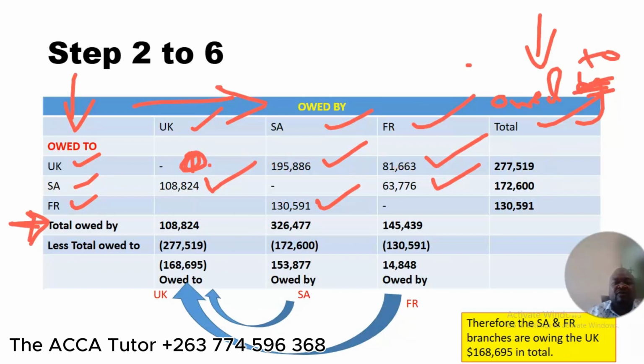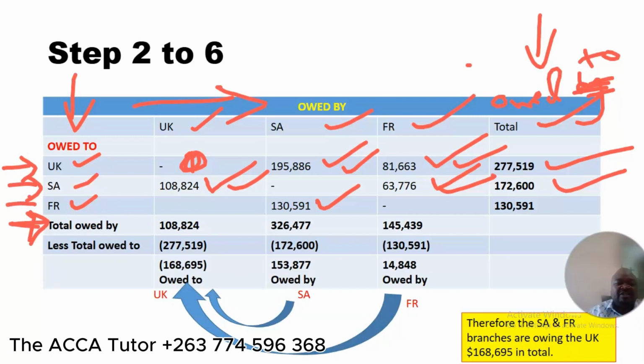For example, we start with the UK row and add this amount plus this amount, and we get that amount. We go to the South African row, add this amount and that amount, and arrive at that. We go to the French row and we get only this amount, which is going to be the total owed to.